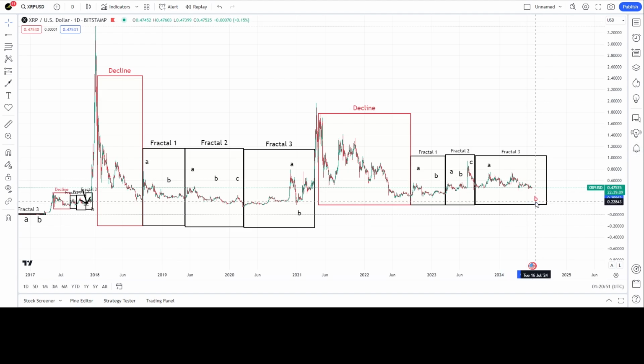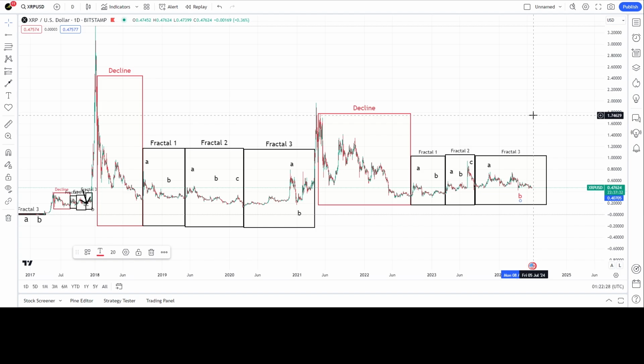So this is one of the key takeaways of this video. This fractal does drop to a low, but it only stays within the zone of the range-bound time. Alessio's prediction of going outside this range, that is the part that I believe is not likely to happen. So there you have it.